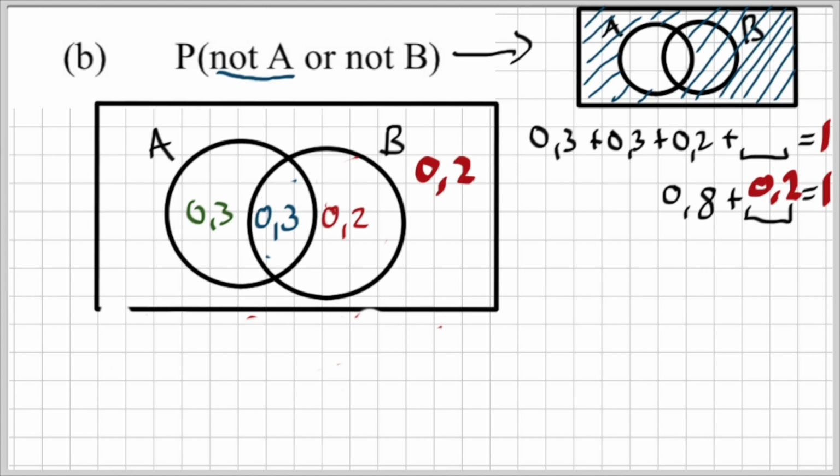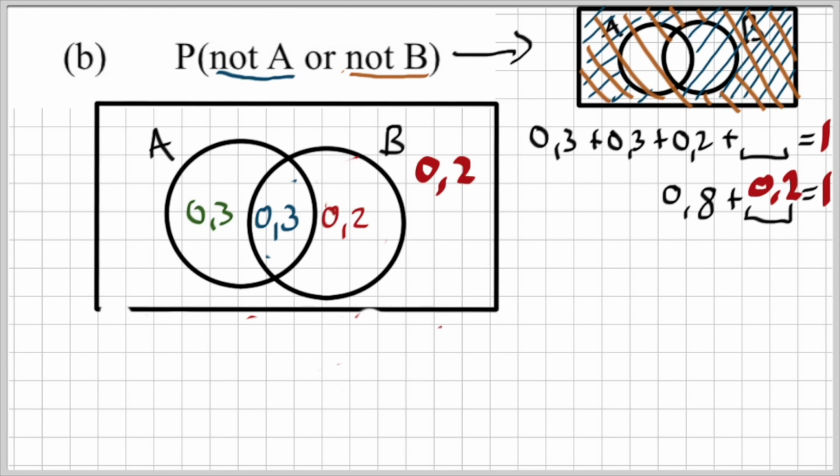The probability of B not happening means outside of B. So I'm going to take an orange color and color in outside of B. I hope you get that. So I took blue and I colored outside of A, and I took orange and colored outside of B.